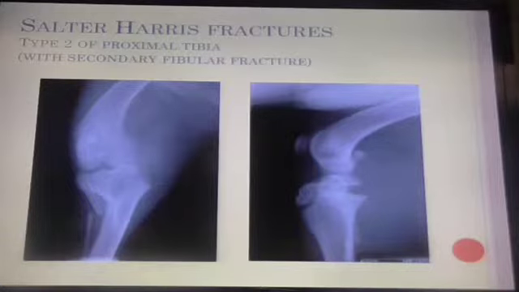And when it moves, it's referred to as an avulsion. It's no longer in its place. So it would be an avulsion of the tibial tuberosity. Is there an avulsion fracture of the tibial tuberosity? No, because it's still in its location.